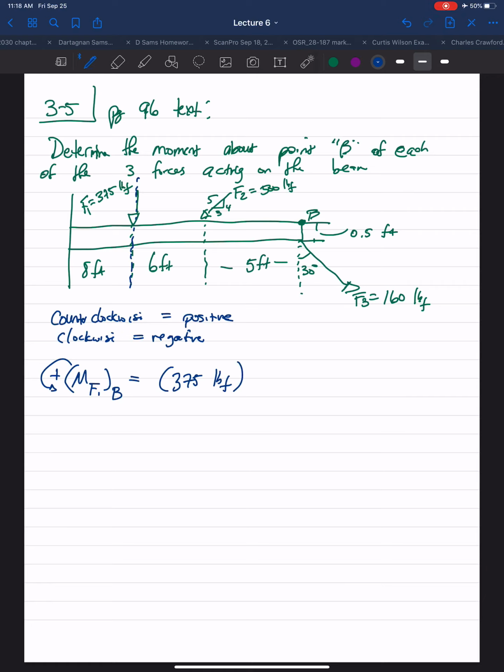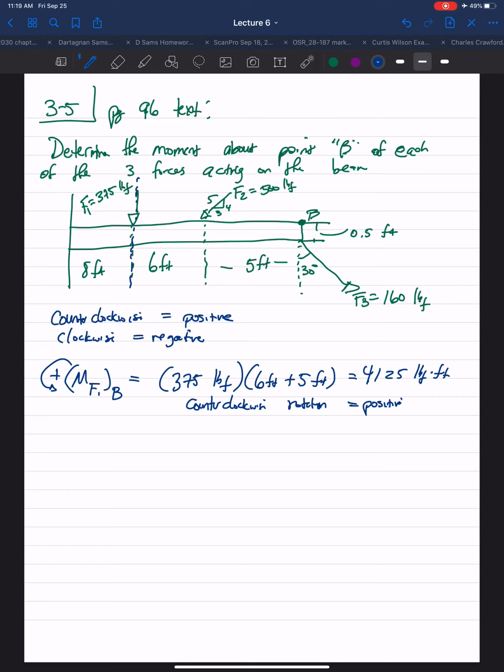The perpendicular distance being 6 feet plus 5 feet. Multiply this out, you get 4,125 pound force feet. And F1 is to the left of point B and is pushing down, so that's causing counterclockwise rotation, so positive.